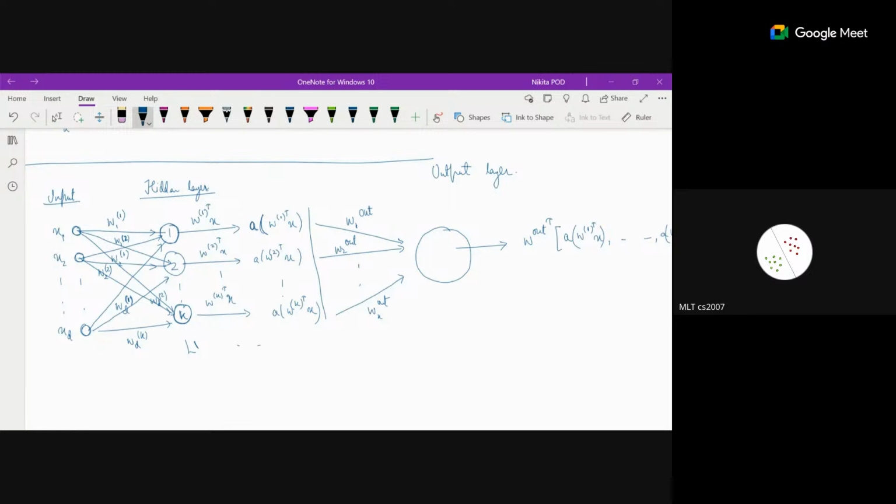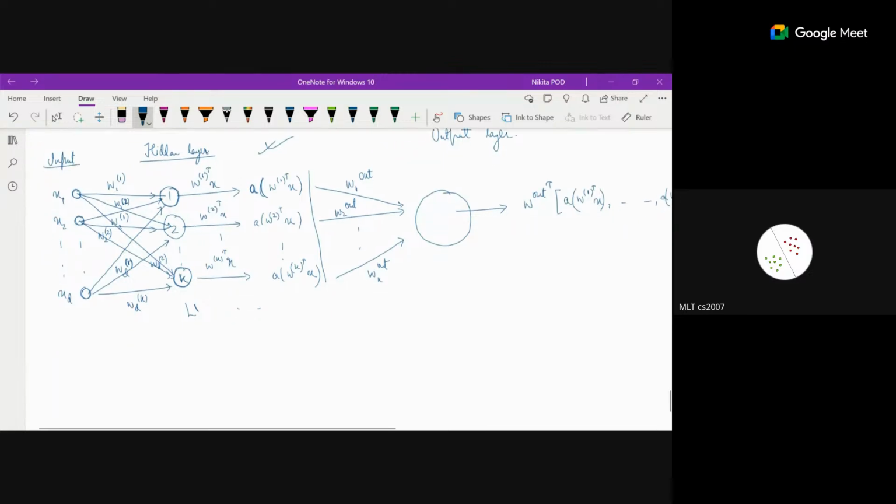And we are going to see what activation function we can use here. We are not going to see much of neural networks in this course, but this is just a short introduction of what a neural network is and what it does. In more detail, you will see it only in courses like deep learning. So this is just a starting point, maybe you can think of it as a prerequisite.